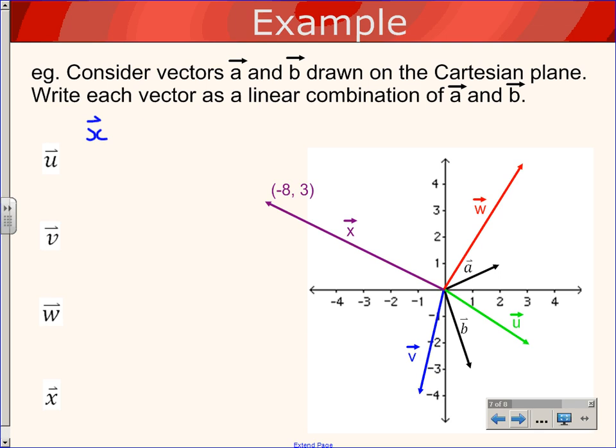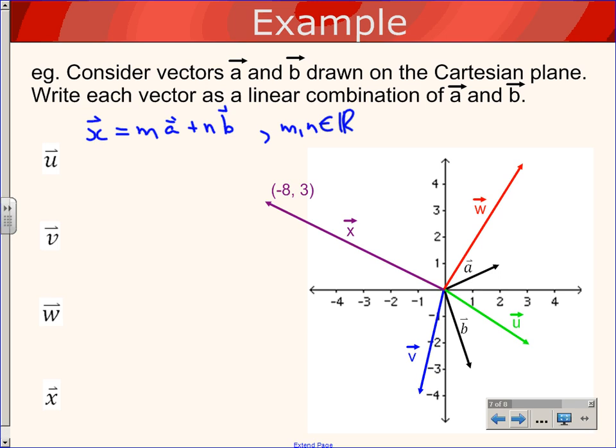We want to get vector x in terms of some number of vector a's and some number of vector b's. Right? That's our goal, can we come up with what m and n have to be? We don't know what it is yet. But this time we're going to try and find it. So they could be anything. They could be any real number. We want to try and figure out exactly what they are.